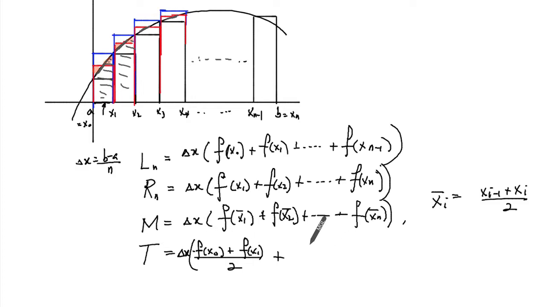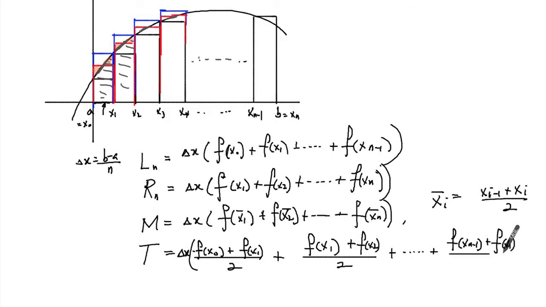Next one is f of x1 plus f of x2, divided by 2 and times delta x, all the way until f of xn minus 1 plus f of xn over 2.